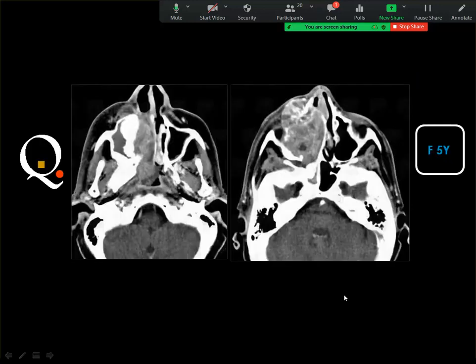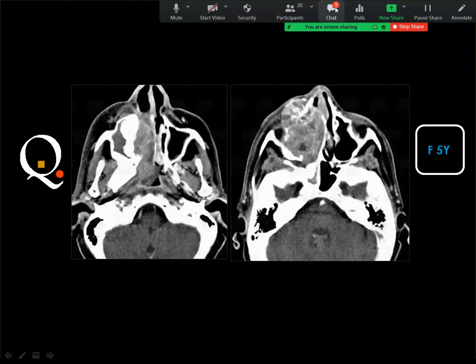Next case, this age is not right, but you got a mass in the maxillary sinus with extension into the nasal fossa, and also a component in the cheek. Yes.